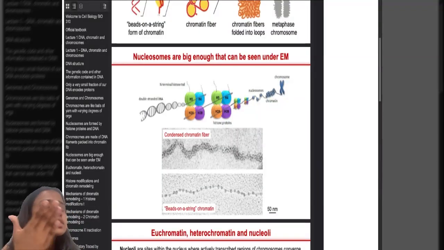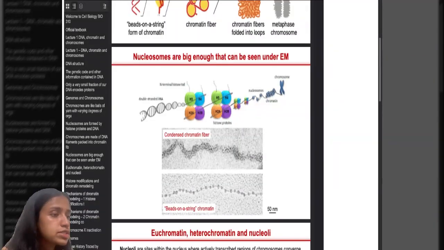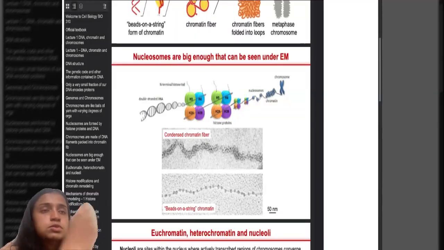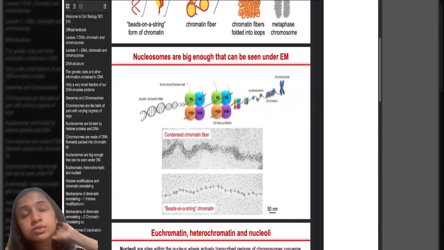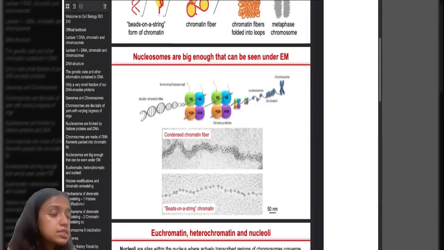So essentially what they're saying is, chromosomes are made, well, okay, first of all, nucleosomes are made from just histone proteins and DNA, right? That's what we came to conclusion. And then chromosomes are made from DNA, just condensed together, DNA filaments packed into a chromatin.